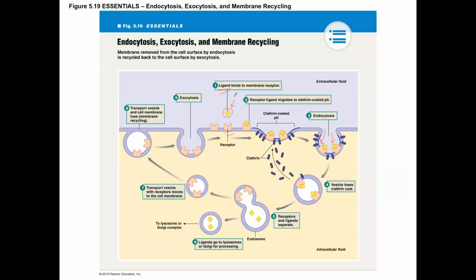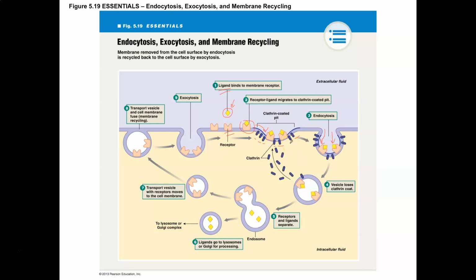And so how does this receptor-mediated endocytosis process work? We use what's called the clathrin-coated mechanism. In this diagram, you'll notice these clathrin proteins that are embedded into the plasma membrane. And this is where the receptor and the ligand are going to migrate to. Once they've interacted with each other, they're going to migrate to this clathrin-coated pit area.